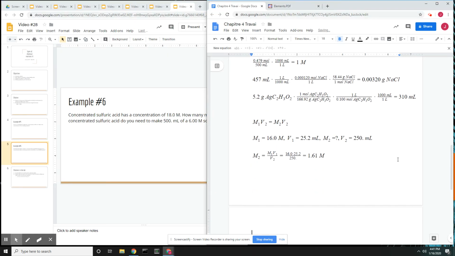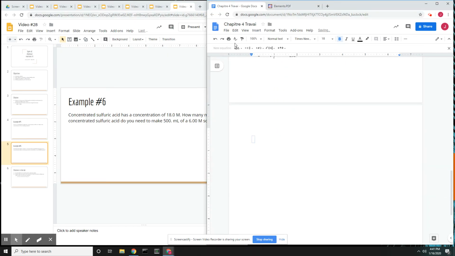Right, again, a very, very similar sort of question. Everything has 3 sig figs here, so I'm going to have my final answer be 3 sig figs.